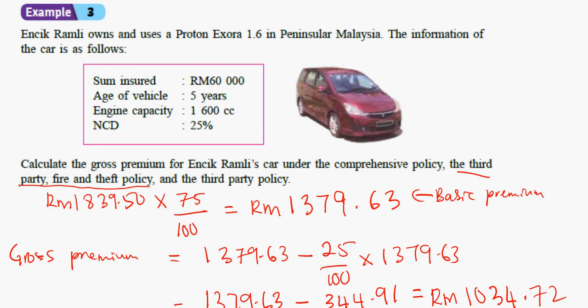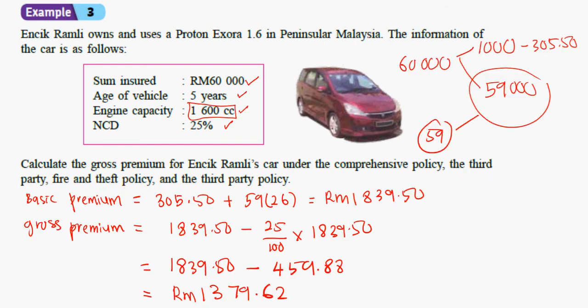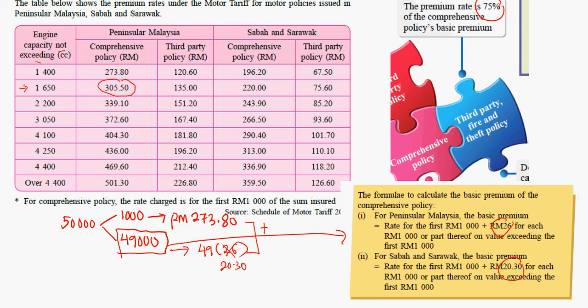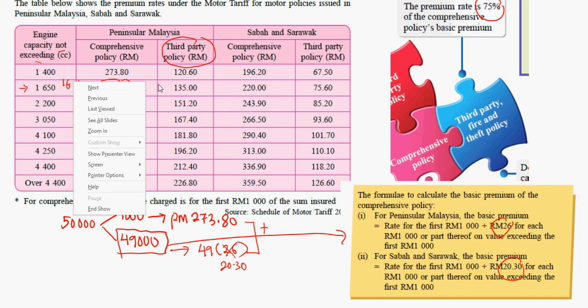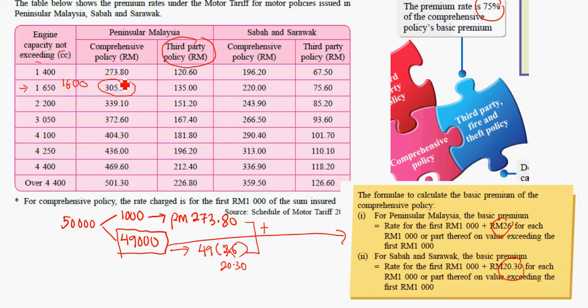So we already calculated the comprehensive policy, and we also calculated the third party fire and theft policy. Now for the third party policy, how to calculate? Refer to the table. It already stated here for the third party policy for 1,600 cc, the price is 135 ringgit.